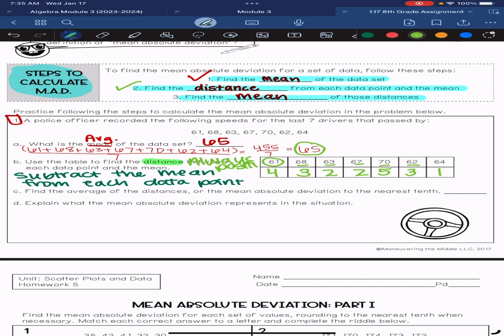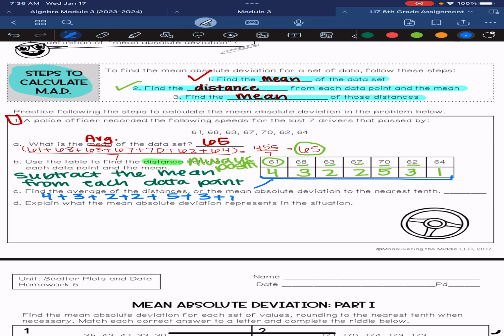And last but not least, step 3, we're going to find the mean of those distances. So what that means is I'm going to take the distances. So I got 4 plus 3 plus 2 plus 2 plus 5 plus 3 plus 1. So these are my distances right here.